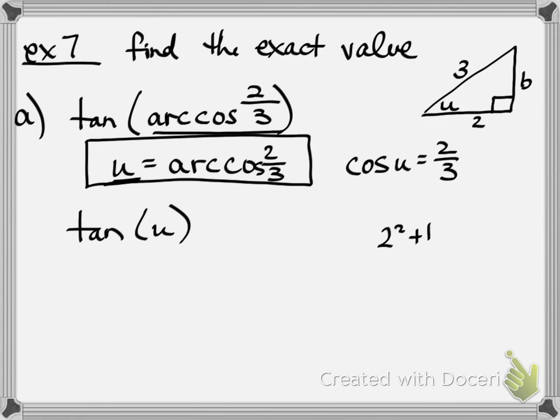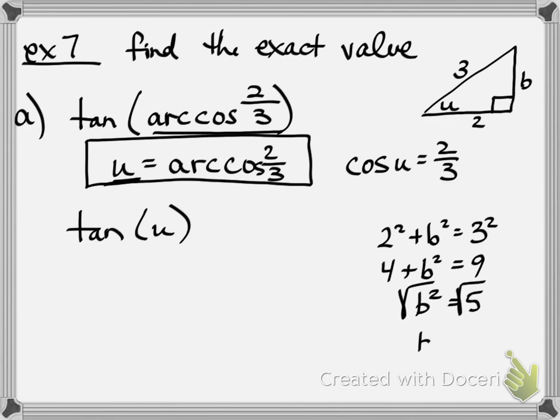A squared plus B squared equals C squared. And I believe we are always using the positive root here. So B is square root of 5. And then it's simply as easy as finding the tangent of U, which is TOA. So it's the O side over the A side.